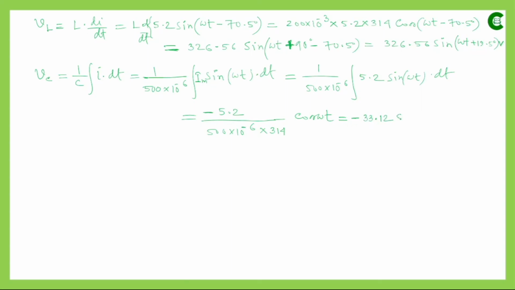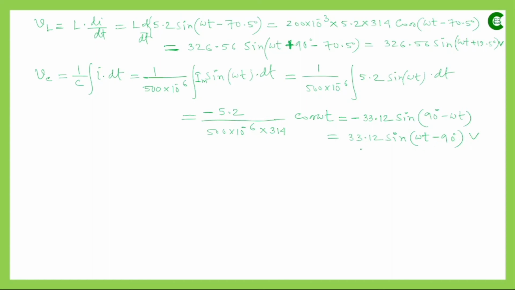This cos omega t can be written as sine of 90 degree minus omega t. So finally, if we take this minus sign inside and adjust the sinusoidal term, it will be sine omega t minus 90 degree, and since this was voltage, the unit will be volt.